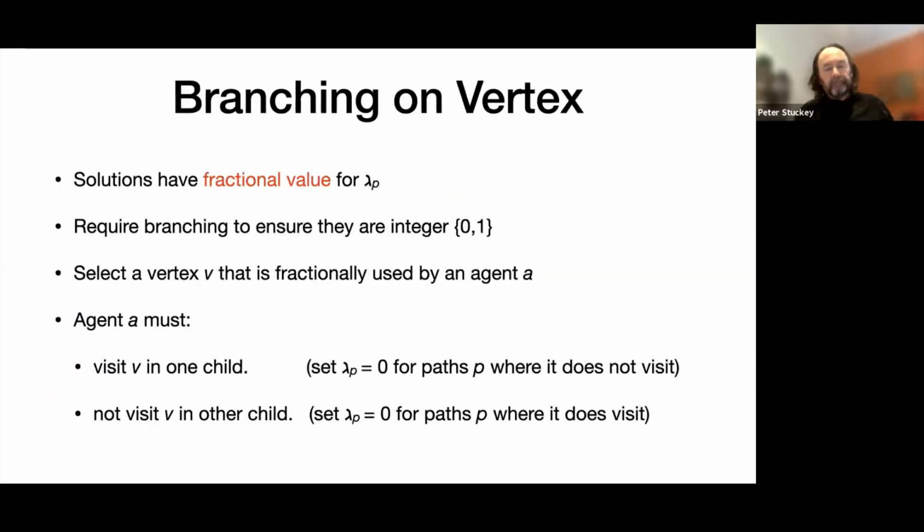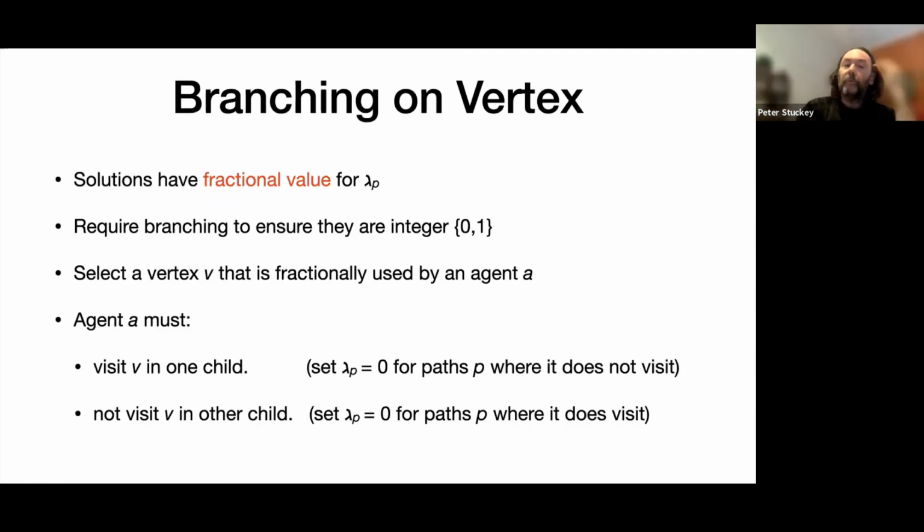Okay, but that's not enough because, of course, the LP is going to pick half of this path and half of another path. And it will try to do that very often because that's often a way of avoiding overuse, right? If I have two places to go through, I can each use half of it in both directions and then there's no conflict.